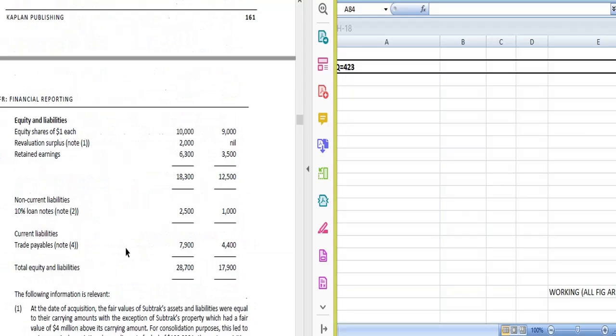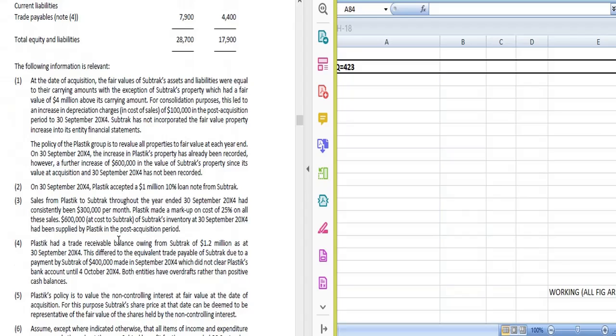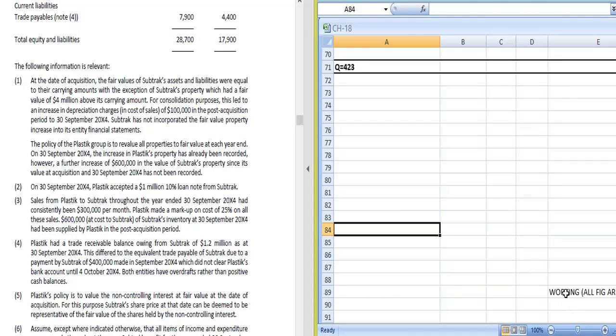Let's read out the question. Before reading the additional information, we will do the working.